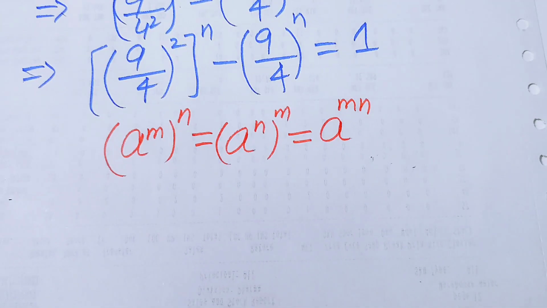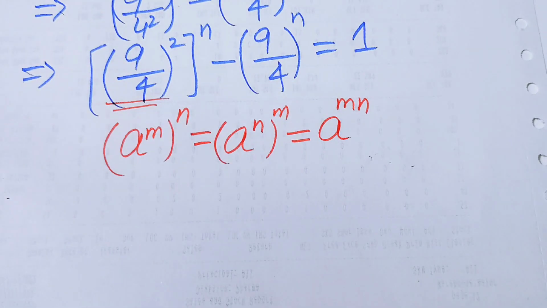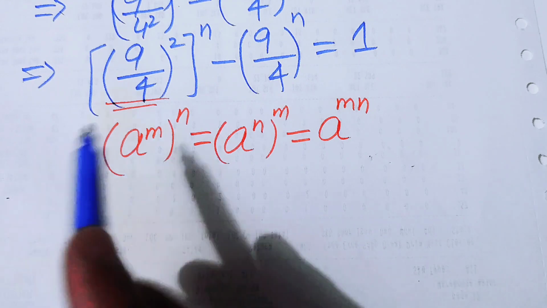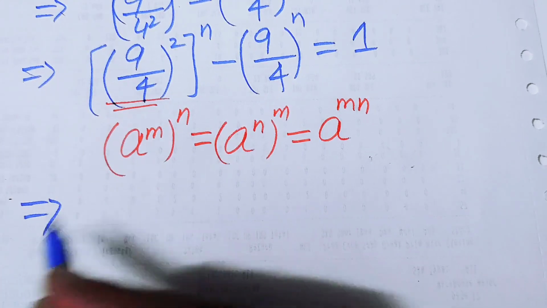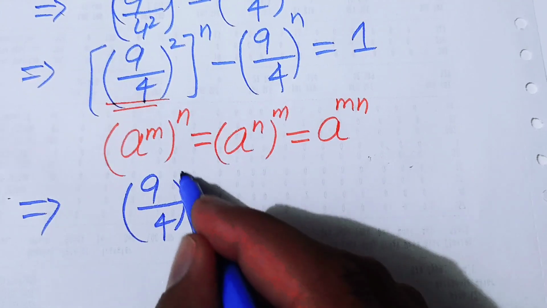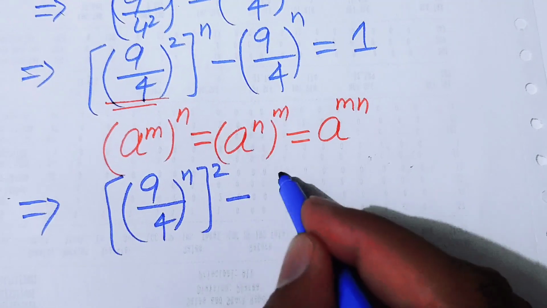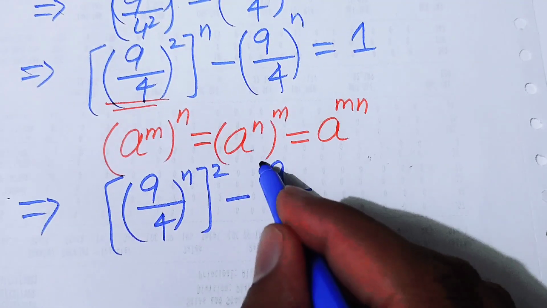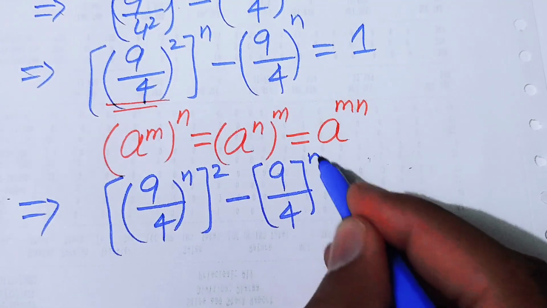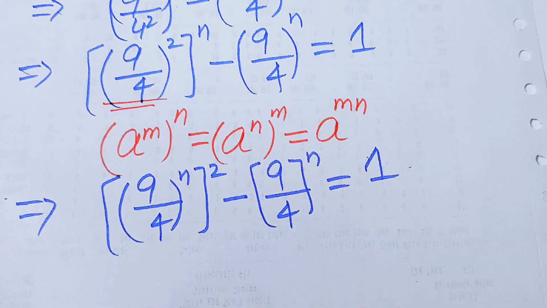So now we can apply this law in the first term, so that it becomes 9 over 4 and its whole power n and its whole square minus 9 over 4 and its whole power n, and the right hand side is equal to 1.